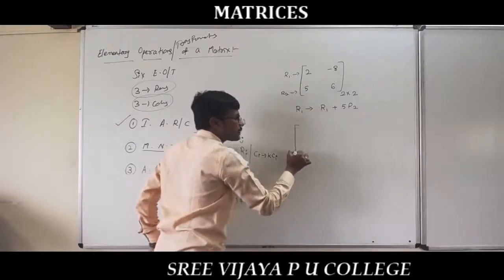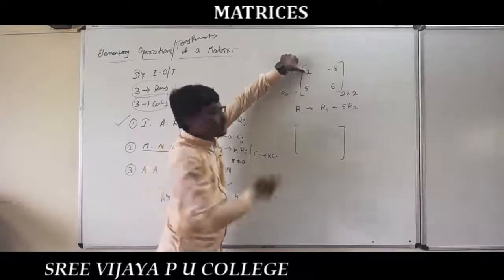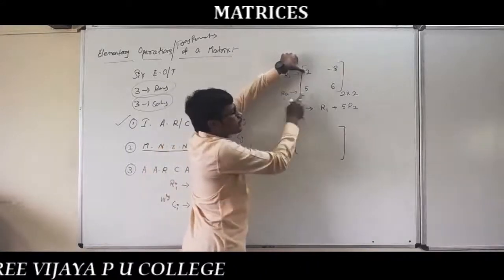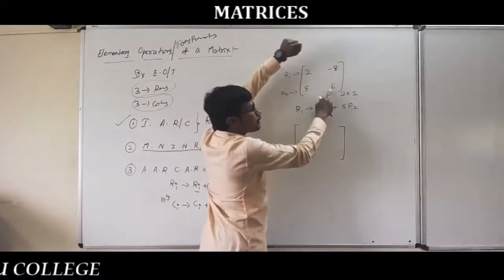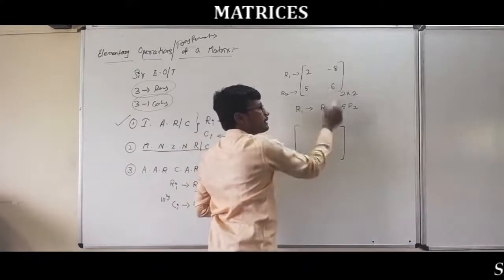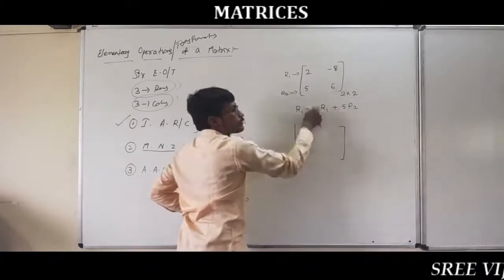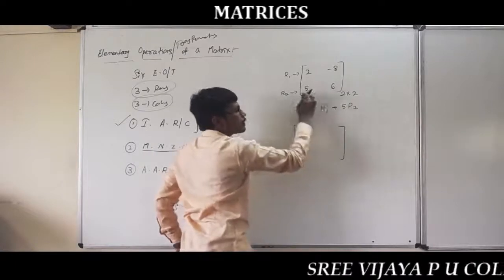So see the corresponding elements. For 2 in R1, the corresponding element in R2 is 5. For minus 8 in R1, the corresponding element in R2 is 6. So you take these two elements and these two elements and apply this elementary operation. So R1 is 2 plus 5 times the corresponding R2 element, 5.